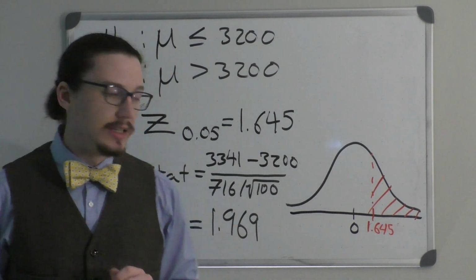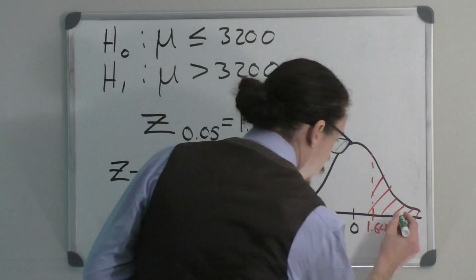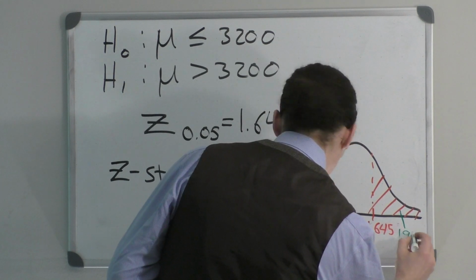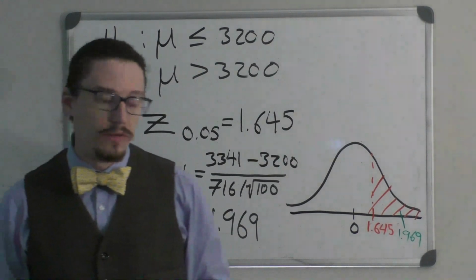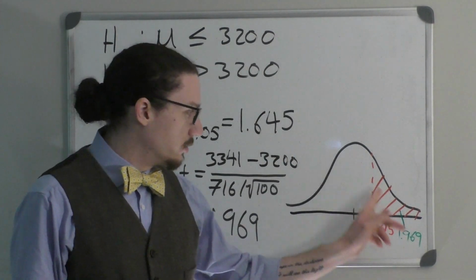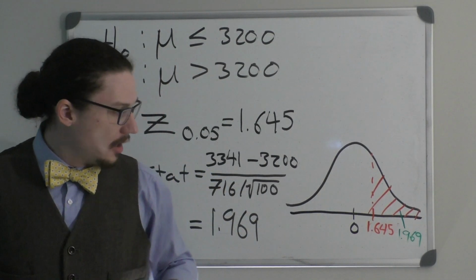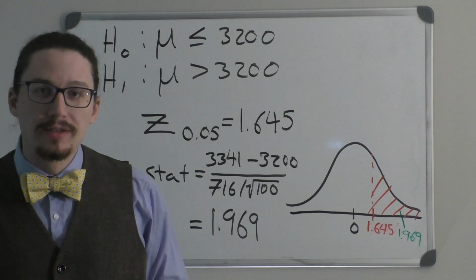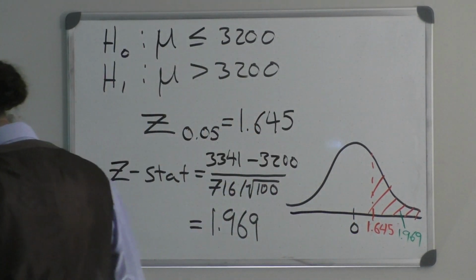In this case, 1.969 is greater than 1.645, so it's going to fall to the right of that 1.645, well into the rejection region, the area in red. So our conclusion will be that we reject the null hypothesis.